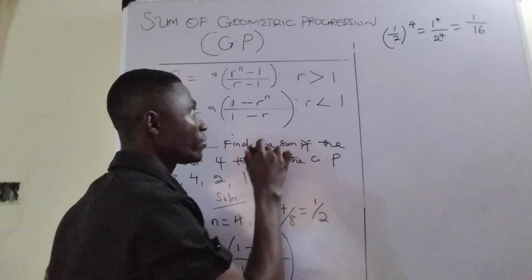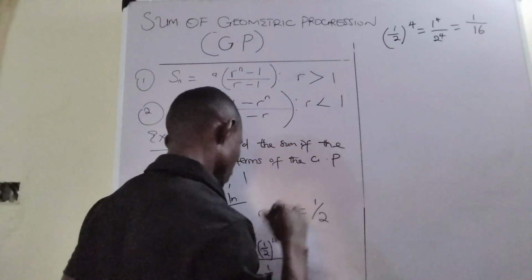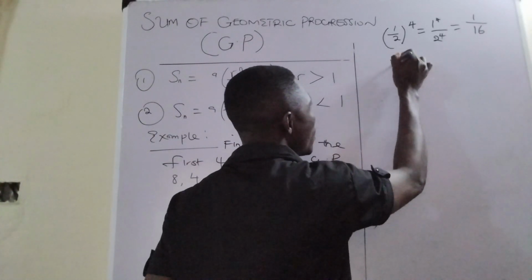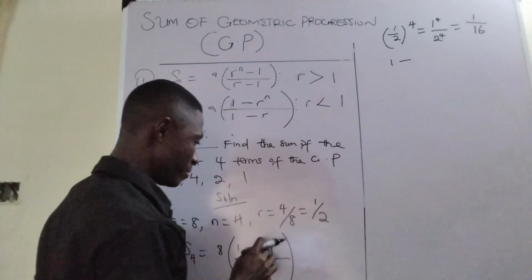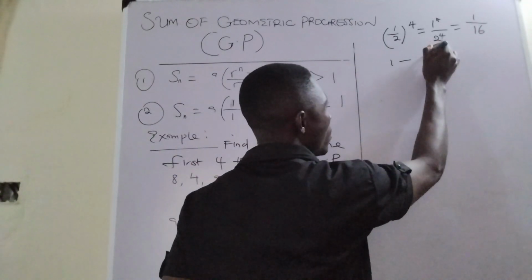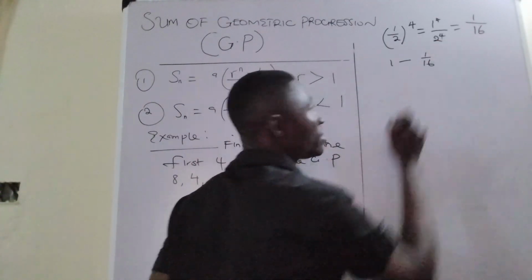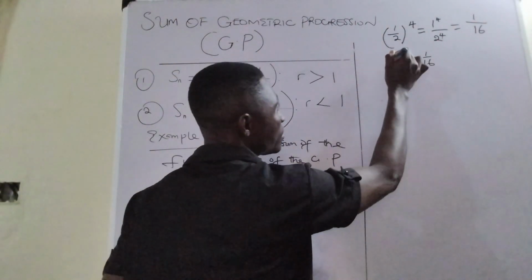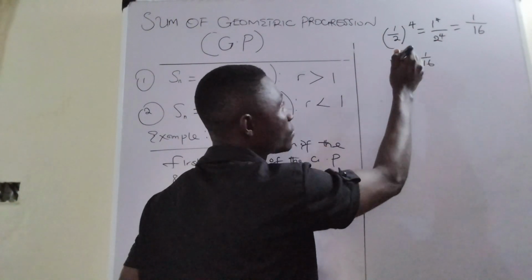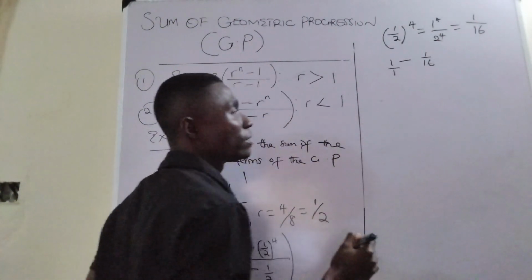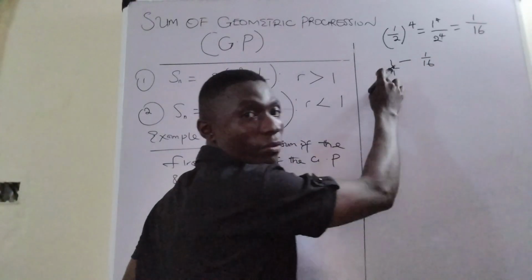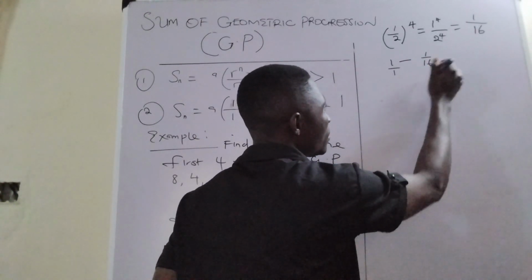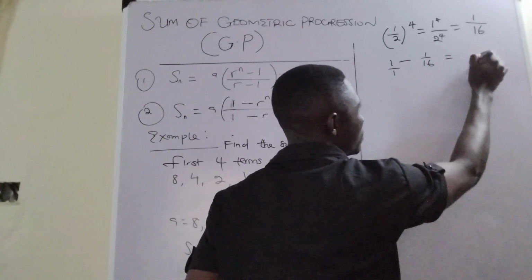So for the numerator, we can now say it means 1 minus, in place of this, I'll drop 1 over 16. And since this is a fraction, I can as well give this over 1. So the LCM of 16 and 1 will be given as 16.